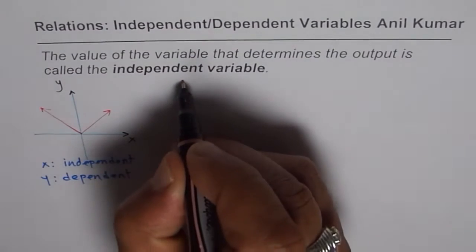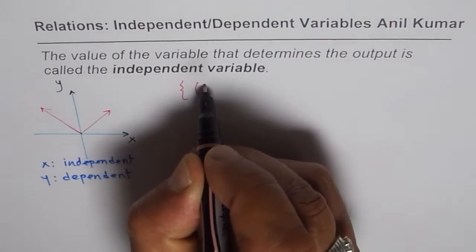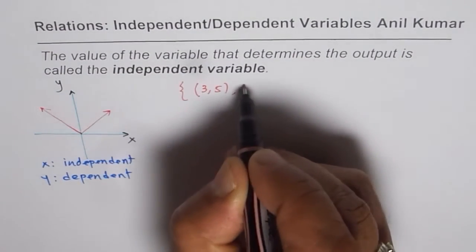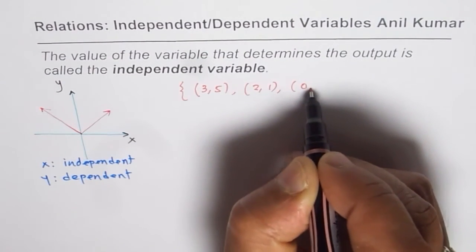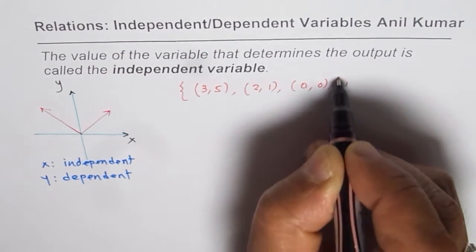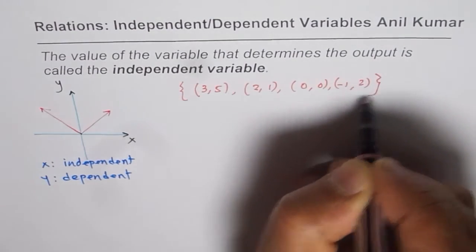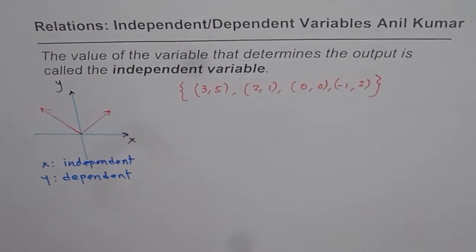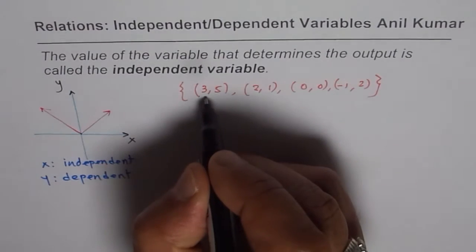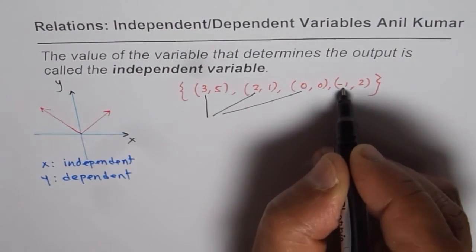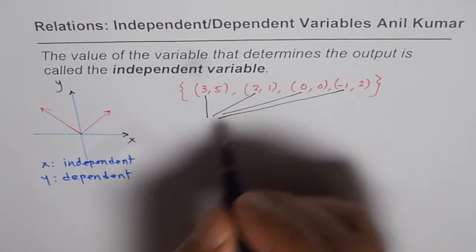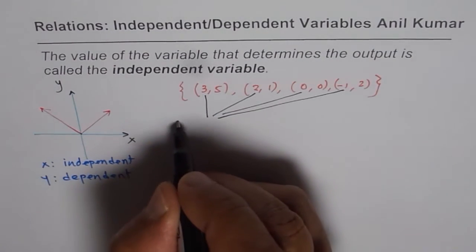Now what happens if you are given a relation in this form? Let us say a set of coordinate points. Now in such a case, the x coordinate points represent the independent variable.